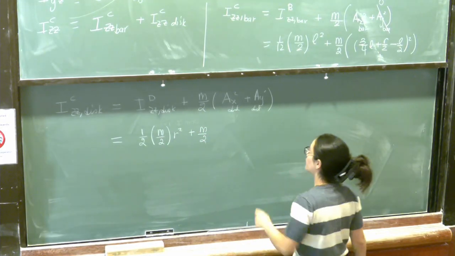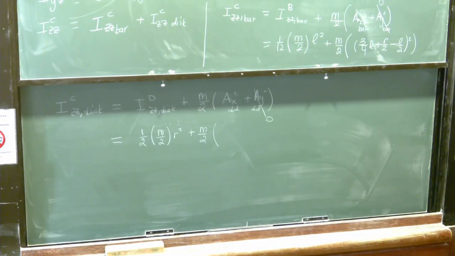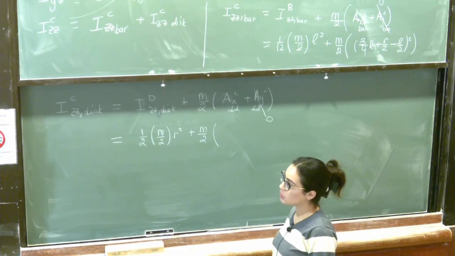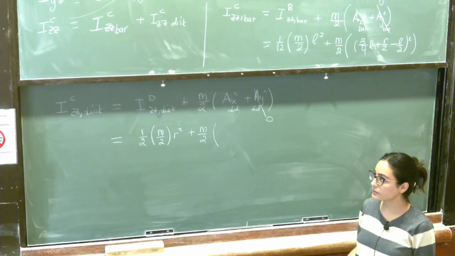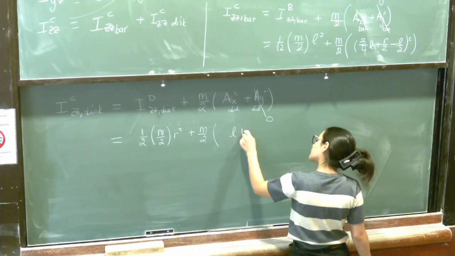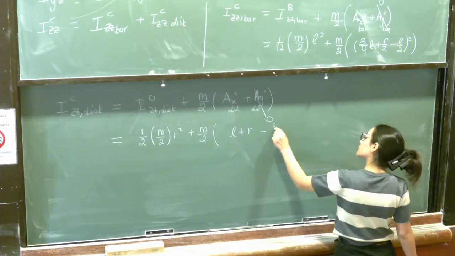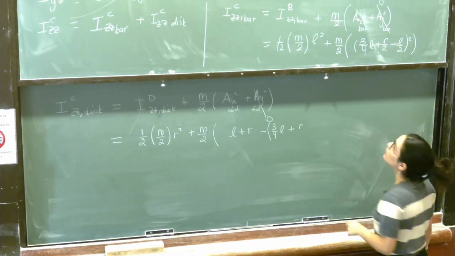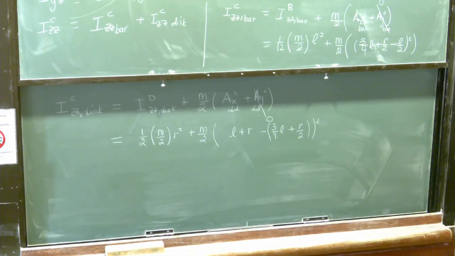AY is also 0 here. What about AX? What is AX equal to? It is the distance from A to D: L plus R minus the... Yes, and that's it.